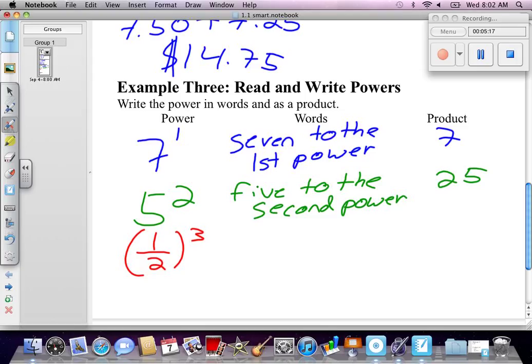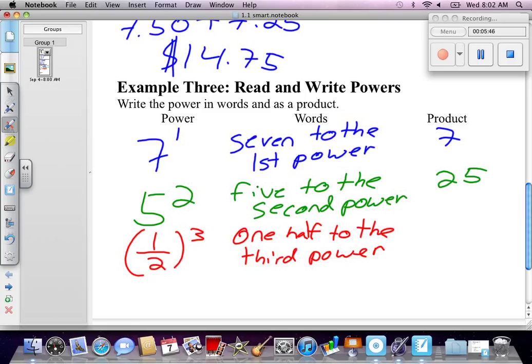Somebody want to raise a hand and tell me what that one says? 1/2 to the 3rd power. So this one's a little tricky because I know you guys, well, most of you anyways, hate fractions.